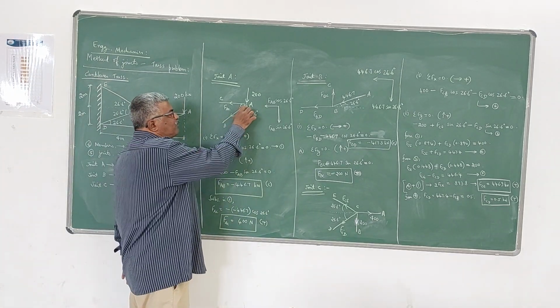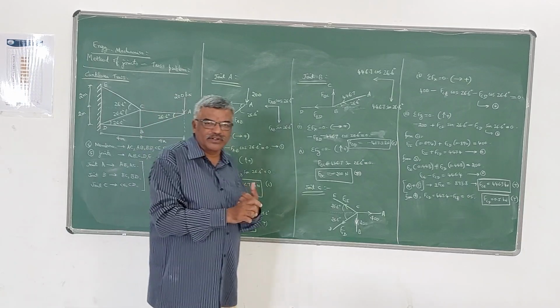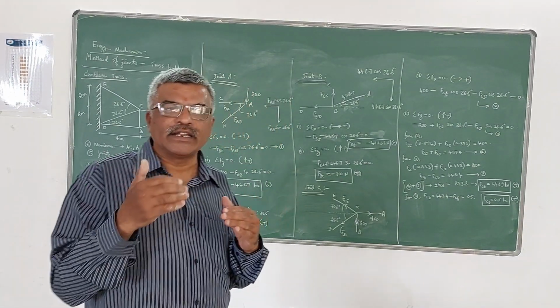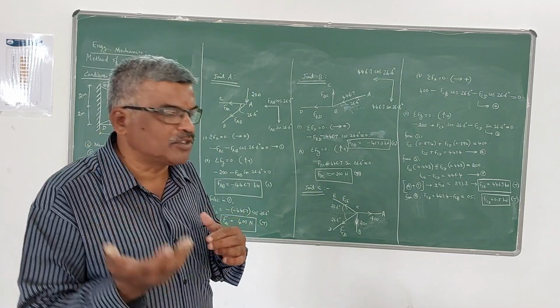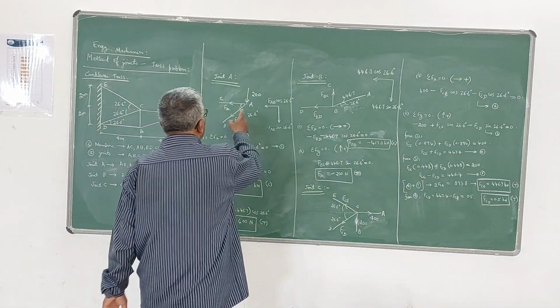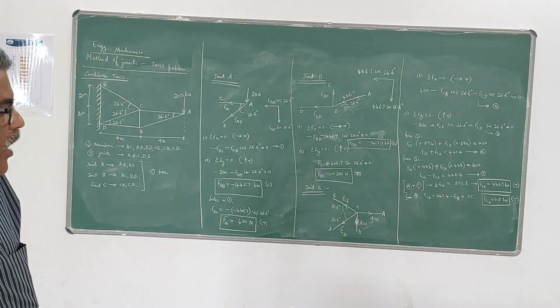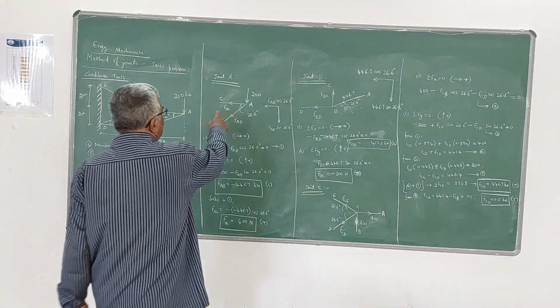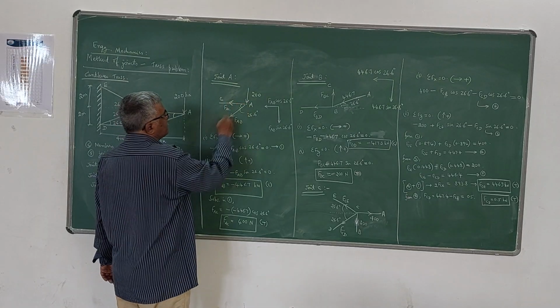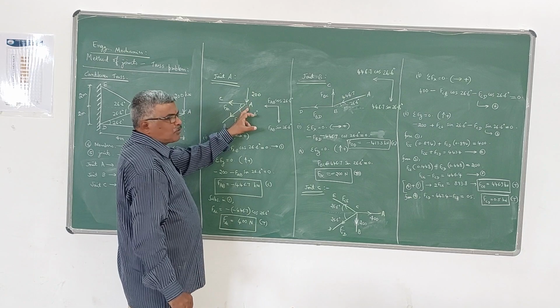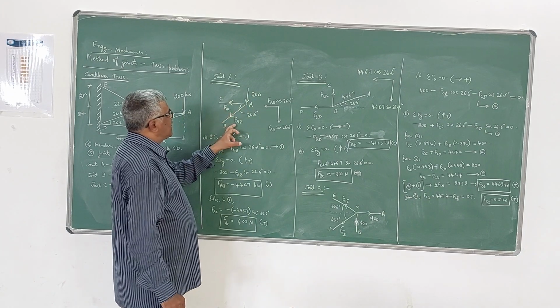Tension means away from joint A. So since we are considering joint A, tension force means it should act away from the joint A. So both in AB and AC, I will take the force acting away from joint A. That means FAC is away, and FAB is also away from joint A. So there are 3 forces here, 200, FAC and FAB.